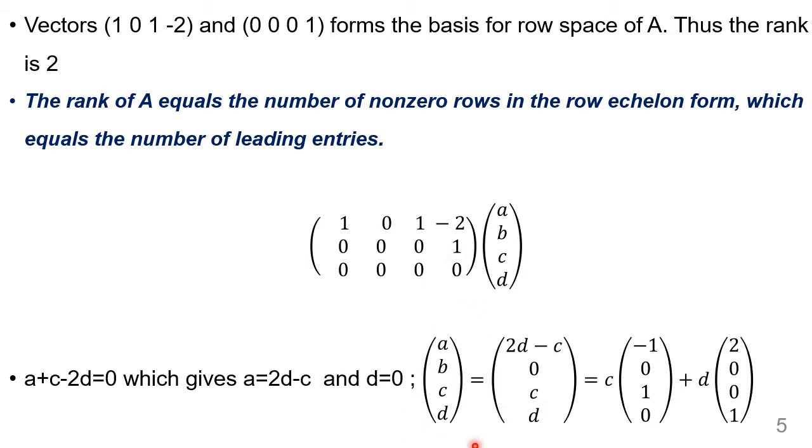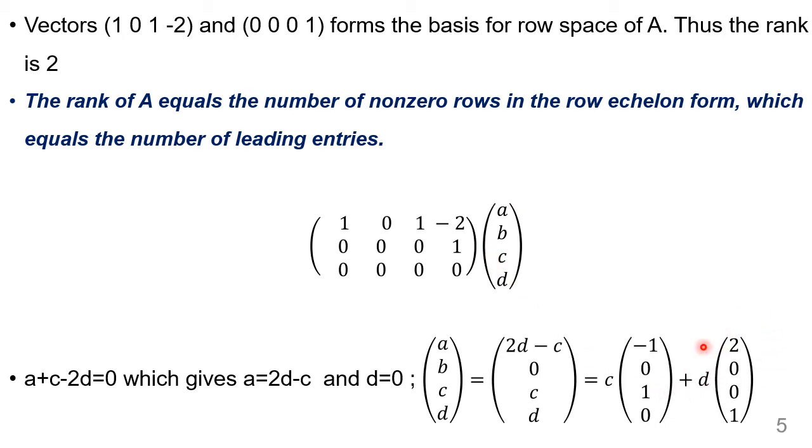Further I can write A, B, C, D equals 2D minus C, 0, C, D. That is equal to C multiplied by minus 1, 0, 1, 0 plus D multiplied by 2, 0, 0, 1. We can observe here that this column is not existent, so I can take only 3 variables and proceed.